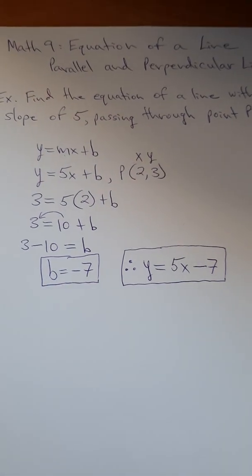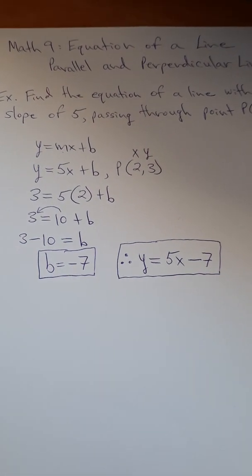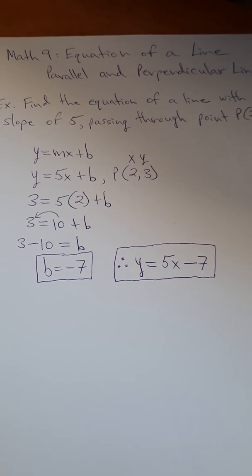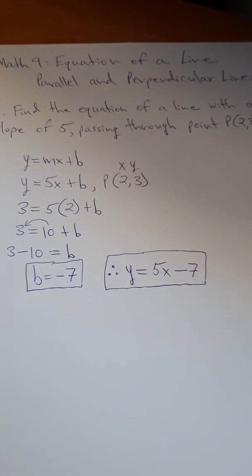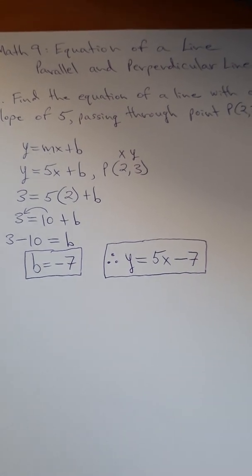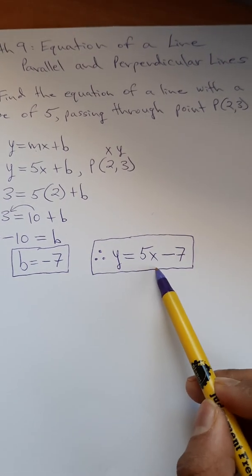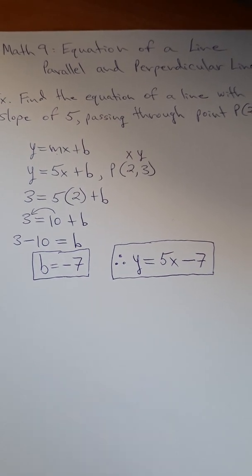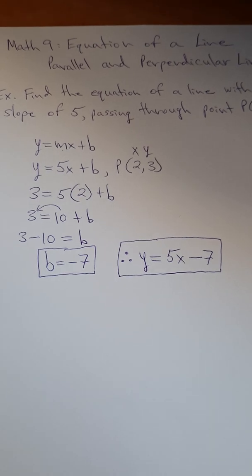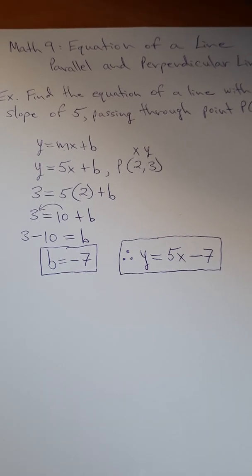I boxed my answer so the teacher can clearly see it. When you're writing your final answer, if the value of b for the y-intercept is negative, I'm not going to write y equals 5x plus negative 7. The teacher just wants to see one sign. So y equals 5x minus 7. Are there any questions there?